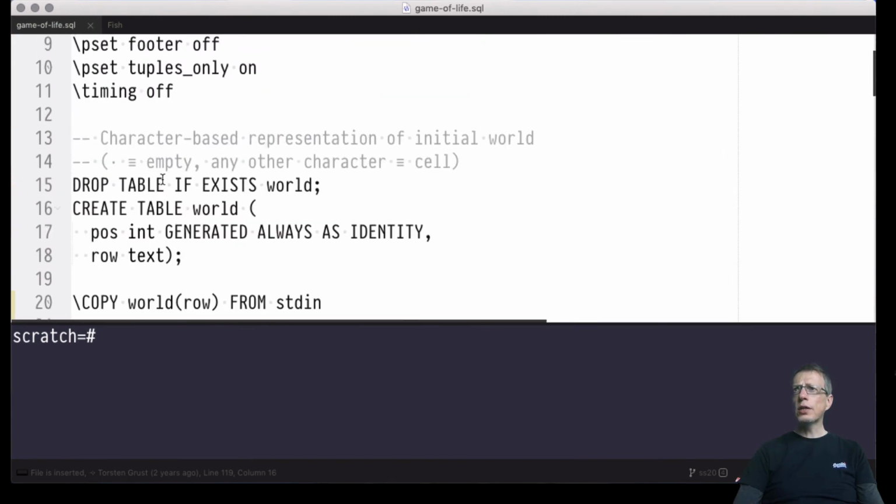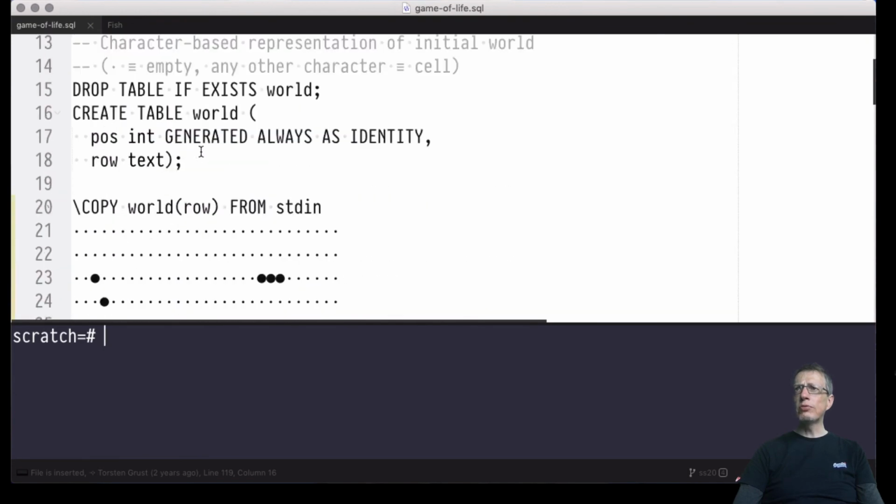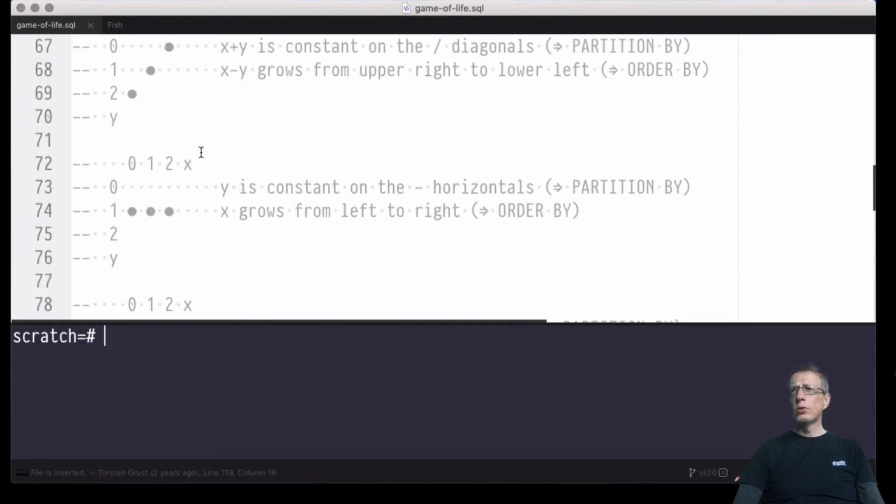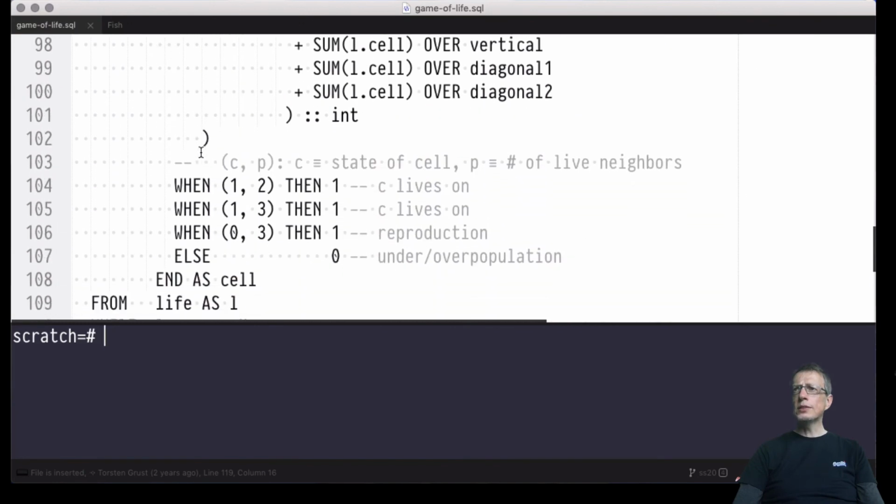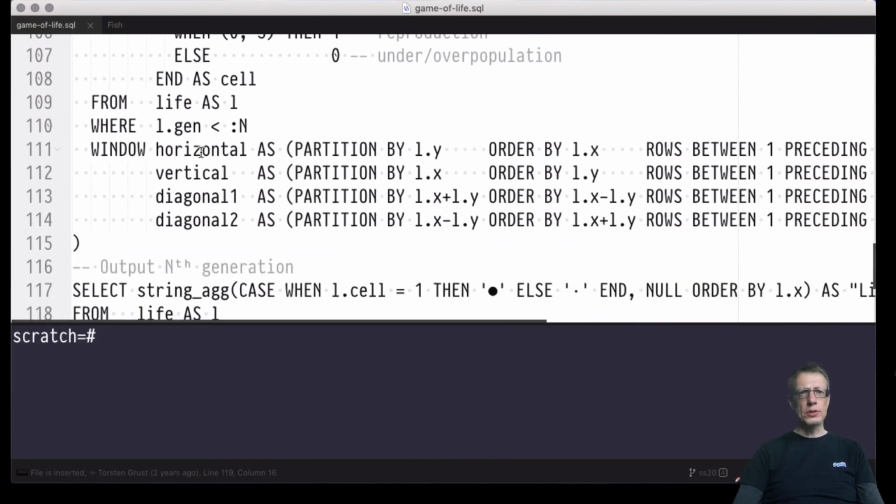Let me check. So n is not predefined here. That's fine. All right. So let's try to animate this behavior of the cellular automaton.